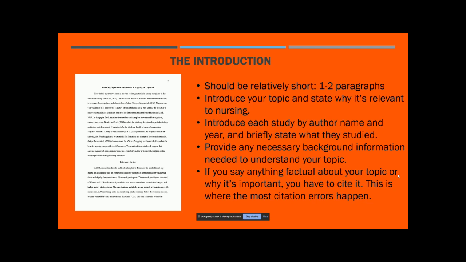You basically just want to introduce your topic, maybe have a line about why it's relevant to nursing, since this is a nursing EBP paper, and then introduce each study by author name and year, and briefly state what they studied. If there's any really technical background information that might be useful, I would include that here.